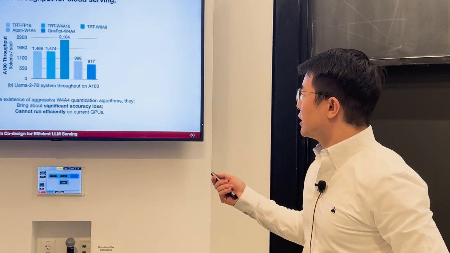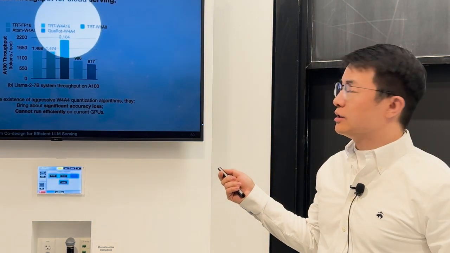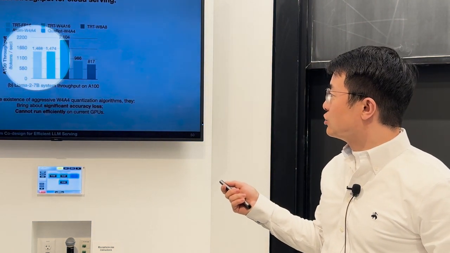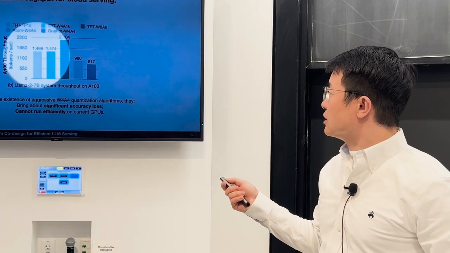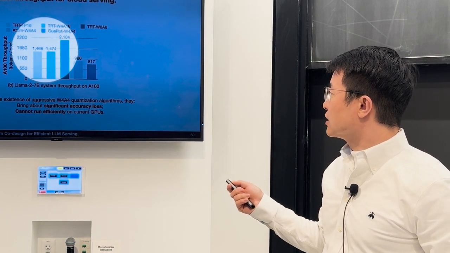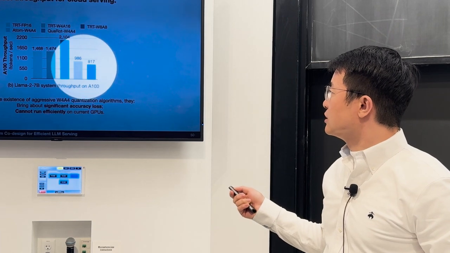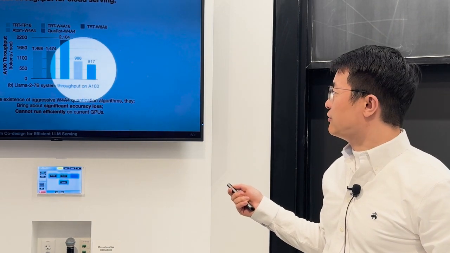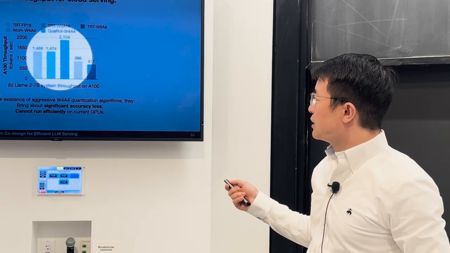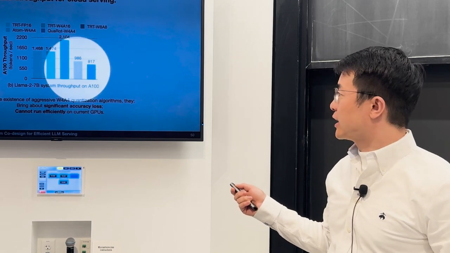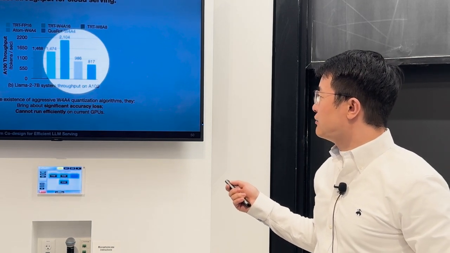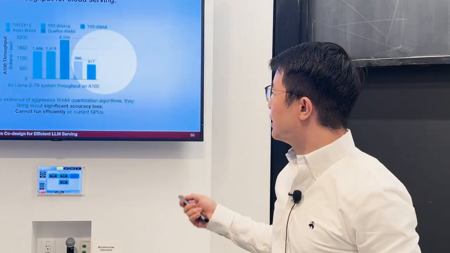There is some prior exploration, but unfortunately it failed to achieve very good throughput. This is the baseline of TensorRT from NVIDIA, and this is Atom, and this is Parrot, all W4A4. But unfortunately, the throughput measured by tokens per second is even smaller, even half compared with TensorRT's W8A8.